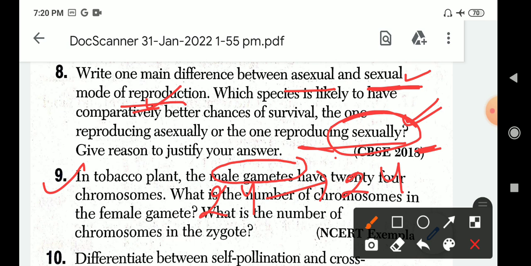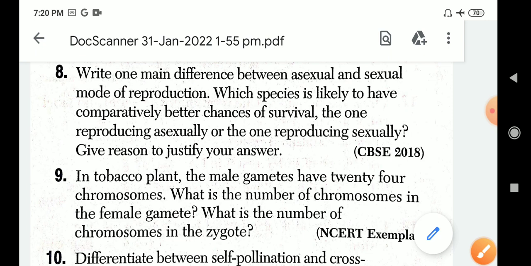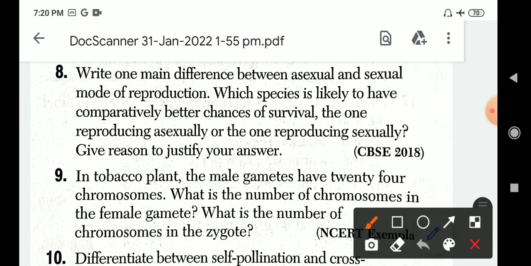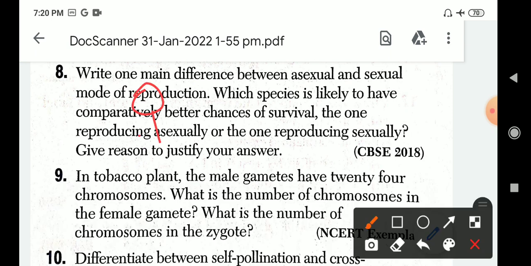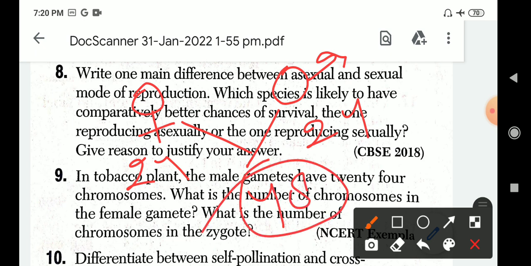What is the number of chromosomes in the zygote? Obviously the male gamete and female gamete both will fuse together, and 24 plus 24, so the total number of chromosomes will be 48 in the zygote, right?